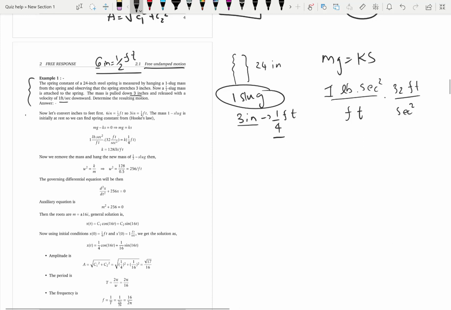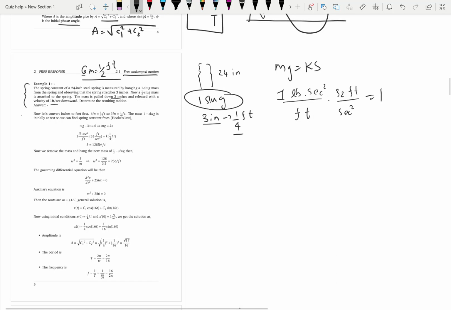That is equal to the spring constant, which we don't know, times the stretch, which is 1/4. That is what we get from the experiment, because it stretched 3 inches, and 3 inches is 1/4 feet. If we simplify, second squared cancels out, feet goes away.